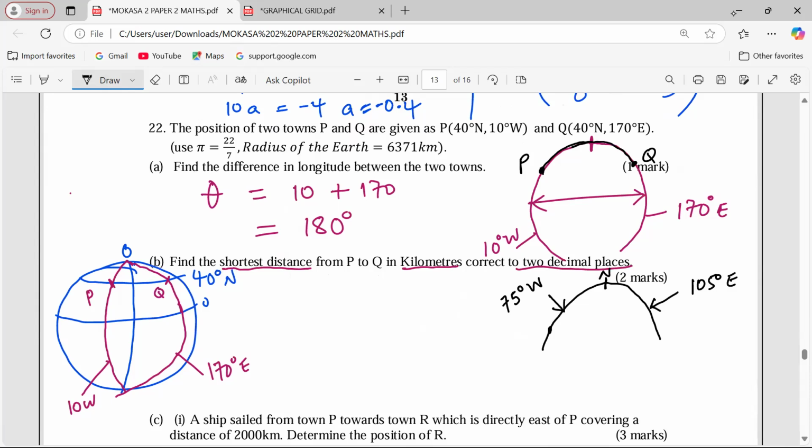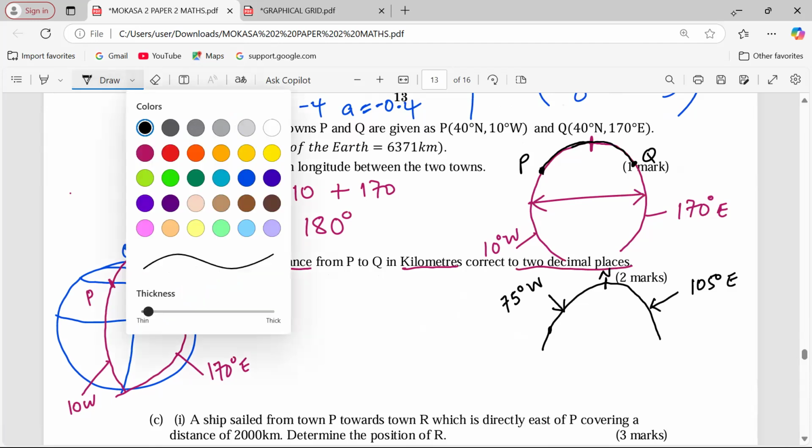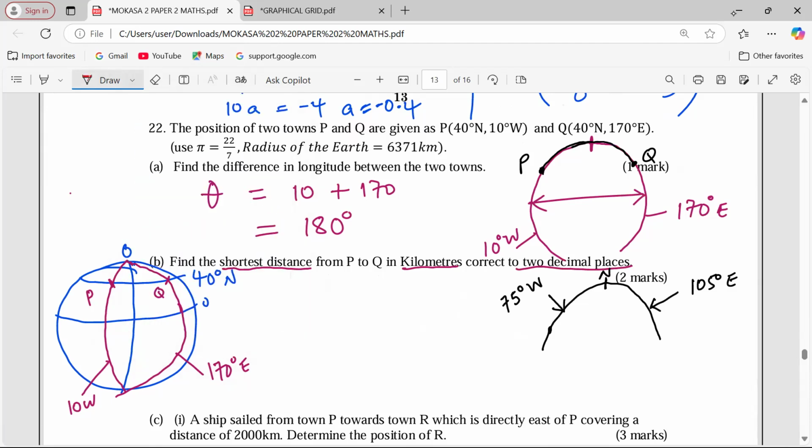So the argument here is, when you access Q through the North Pole, the route is usually shorter than across the parallel latitude.